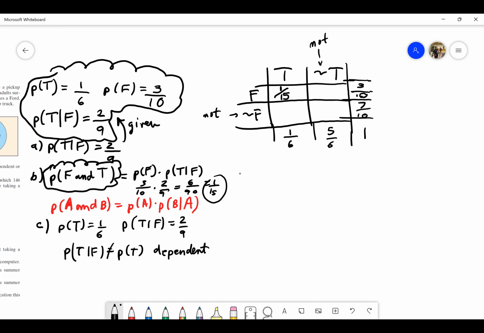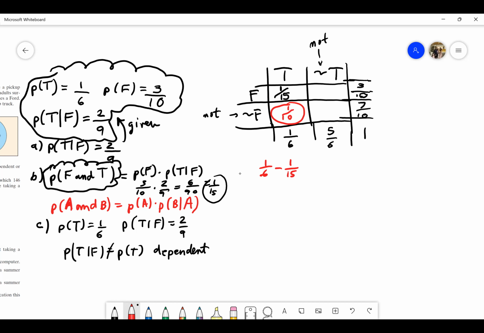Okay? So if you want to figure out this guy here, for example, you would take 1/6 and subtract 1/15. 1 divided by 6 minus 1 divided by 15. That's going to be 1/10. And if you take 1/15 and you add 1/10, you're going to get 1/6.